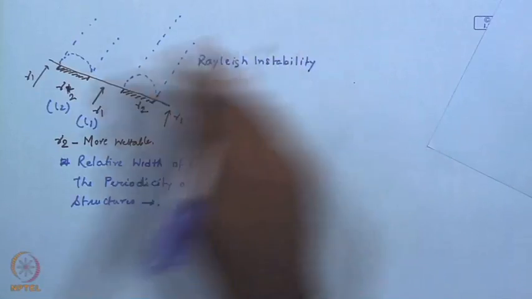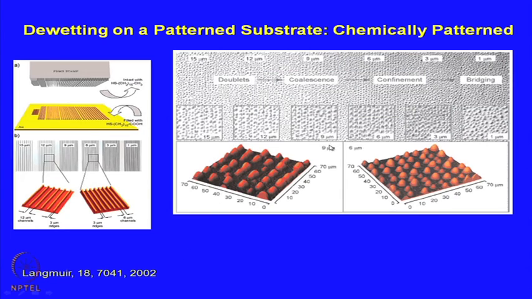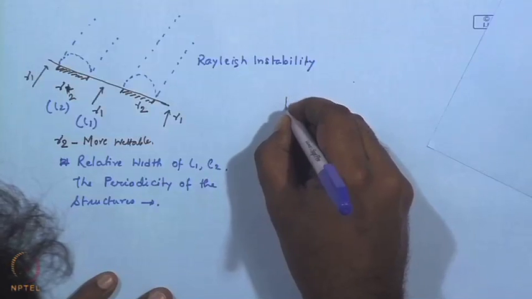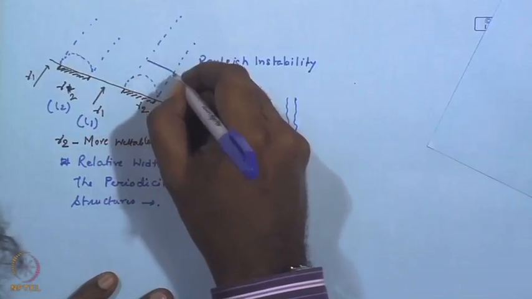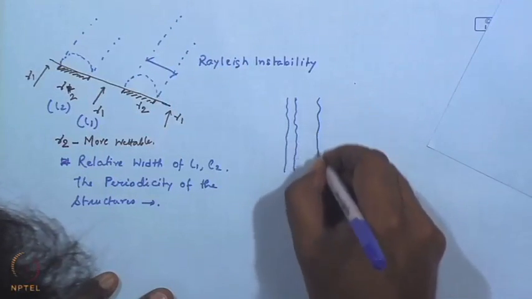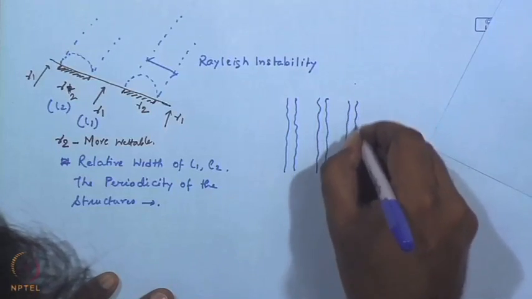So, this was shown in a 2002 paper by Alamgir Karim's group, that depending on the width of the less wettable and the more wettable zones, you can get a whole lot of structures. So, let us say for very thin threads, I mean if these zones are about a micron wide, your structure will comprise isolated polymer ribbons. Okay.